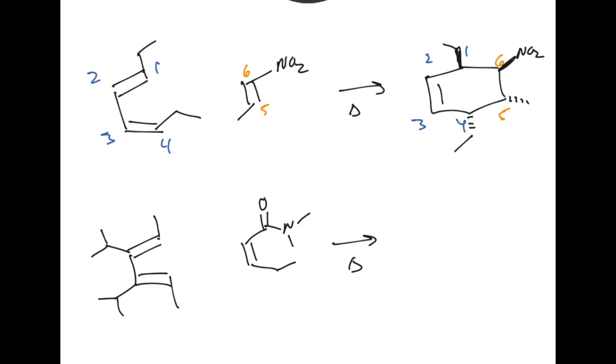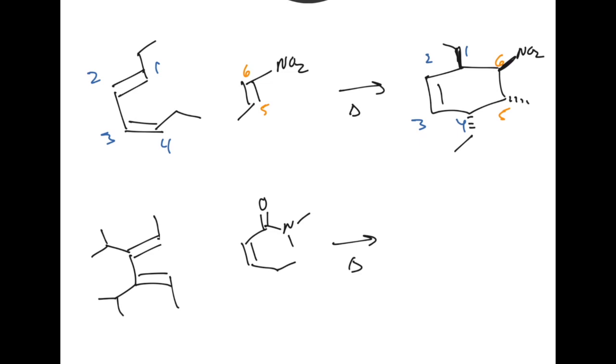So what I'm doing is I'm just having you do the relative stereochemistry on 1 and 4, the relative stereochemistry on 5 and 6, but I'm not having you try to figure out the stereochemistry comparing 1 to carbon 6. So I'm having you do the stereochemistry from the diene by itself, the stereochemistry from the dienophile by itself.